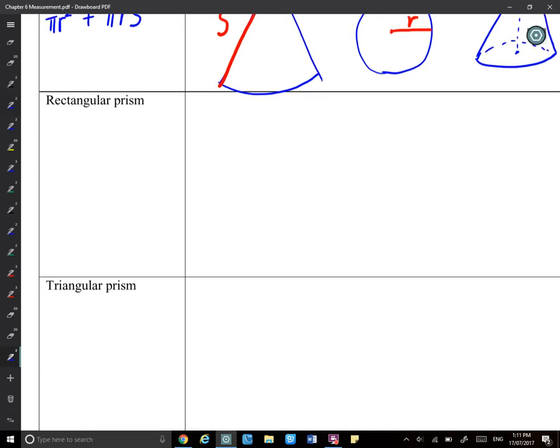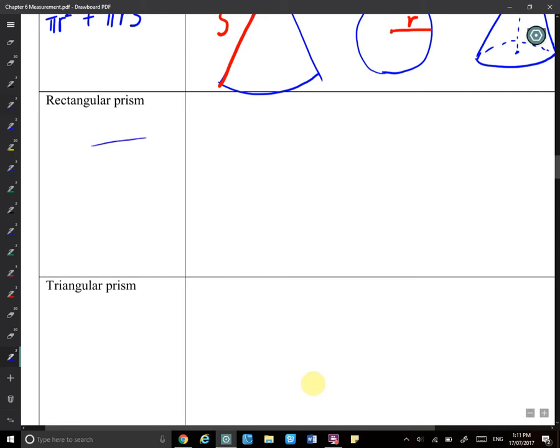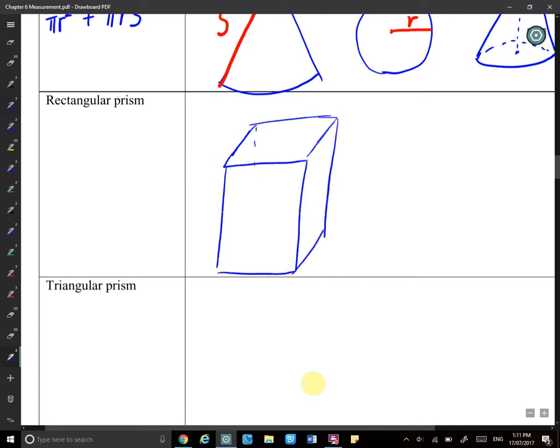Rectangular prism. Okay, that's a rectangular prism.